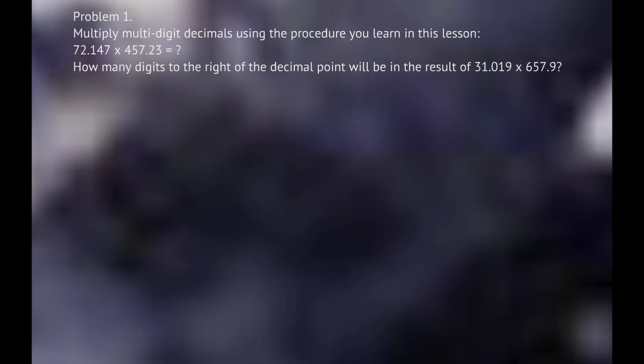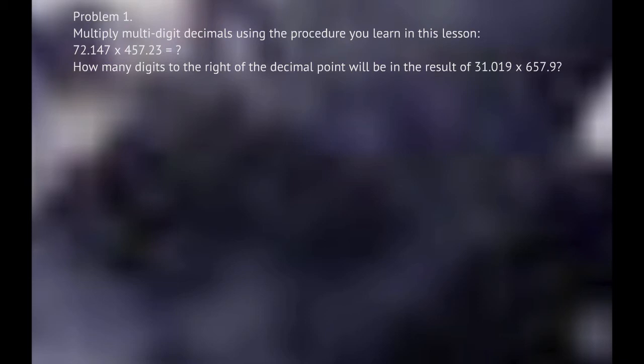Problem 1. Multiply multi-digit decimals using the procedure you learned in this lesson. 72.147 times 457.23 equals what? How many digits to the right of the decimal point will the result of 31.019 times 657.9 have? For the second part of that question, you can answer it just by looking at it.